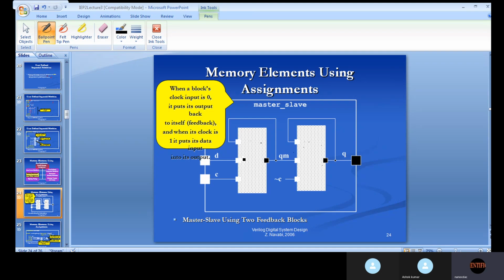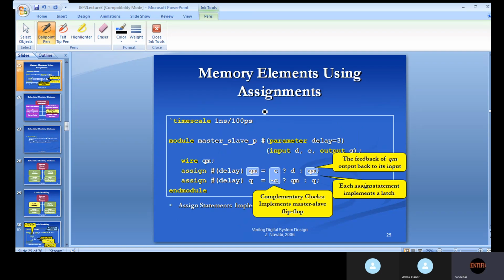Whatever the data is there it is feedback again to the next clock. Okay, so this is a memory element. This is memory element design. Okay, so memory element design, ఇప్పుడు ఈ memory element ని ఎలా డిజైన్ చేస్తాం using UDP.